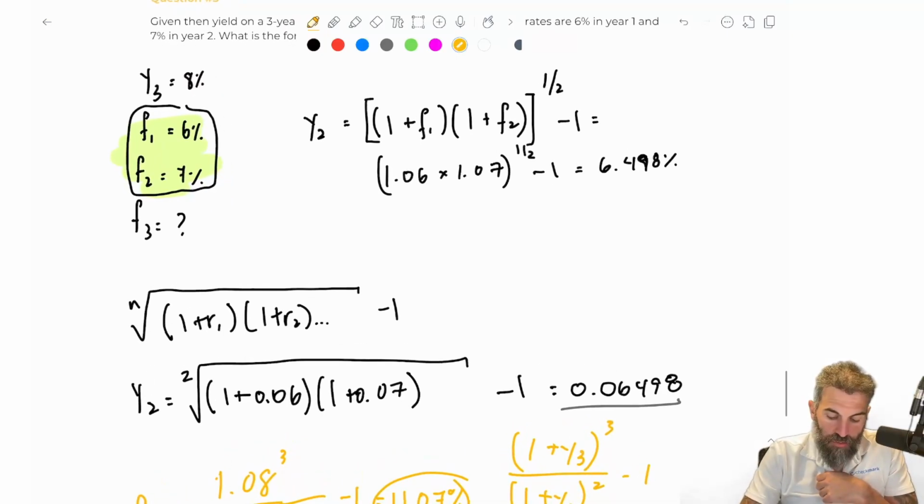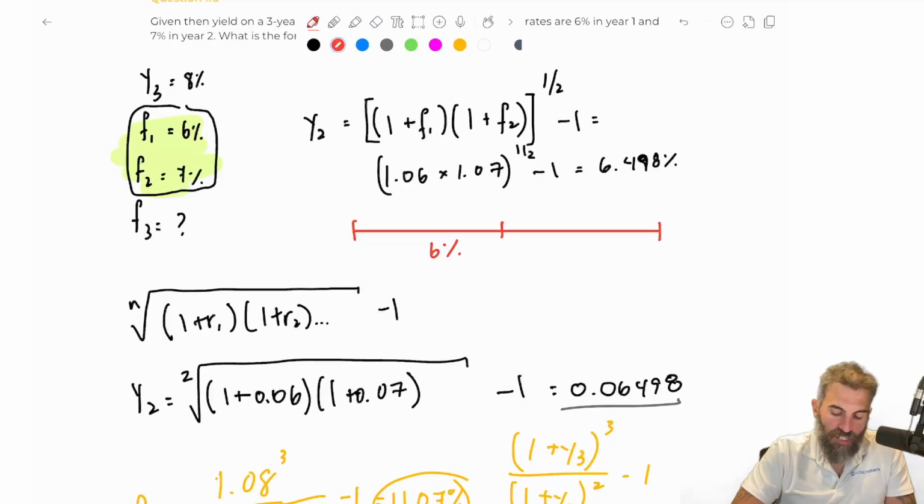And maybe just to bring it home, in case anybody is still having a hard time seeing it, they told you that the 1-year forward rate, which is just the rate today, is 6%, and the 2-year forward rate, which means the rate of return you're going to earn for the second year, is 7%. So I just computed a geometric average to say this works out to be 6.498% per year.